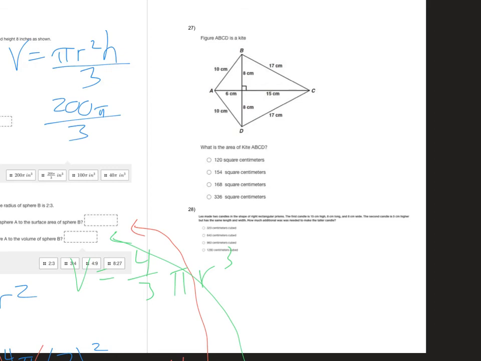A sort of sneaky way to think about this is to recognize that if I just took this triangle on the bottom here and dropped it up here, well, that would actually complete the rectangle. And same on the other side.